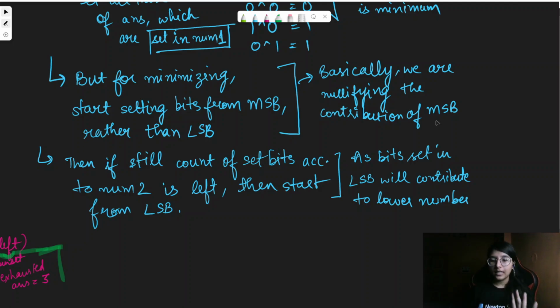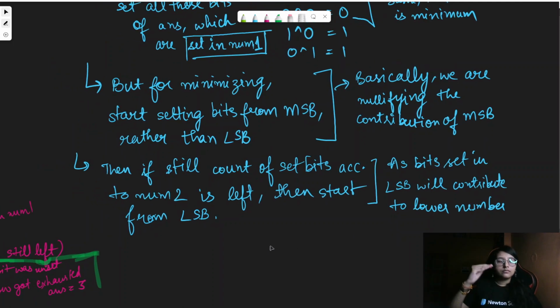That's the thing which we are doing here, and that's why we are doing this step. And then if the count of set bits according to nums2 is still left, then start setting from the LSB, as a bit set in the LSB will contribute to a lower number. So that's the criteria.